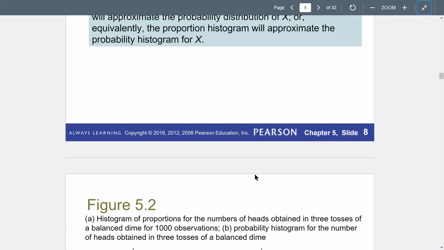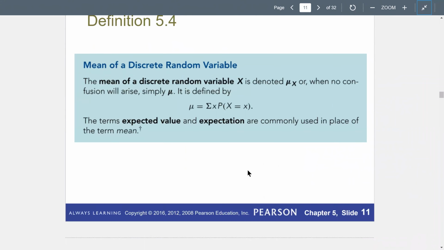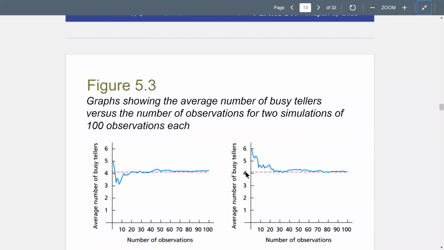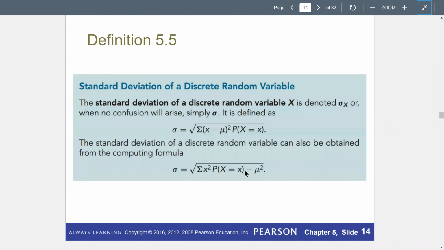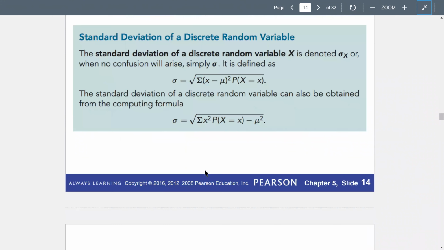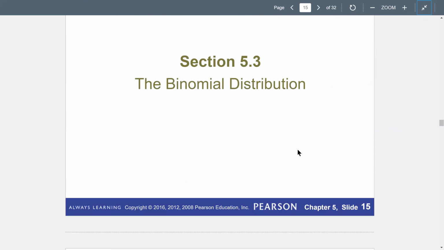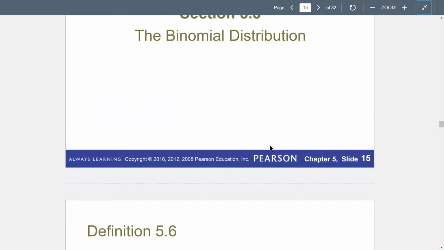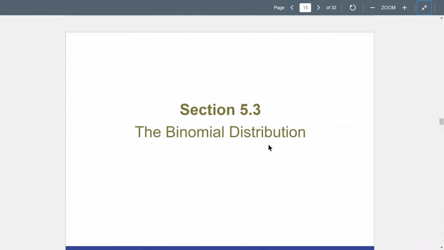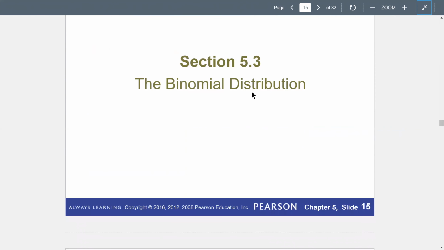So it will be this. Okay. So we will have an example showing how to work this out using Excel. No worries.